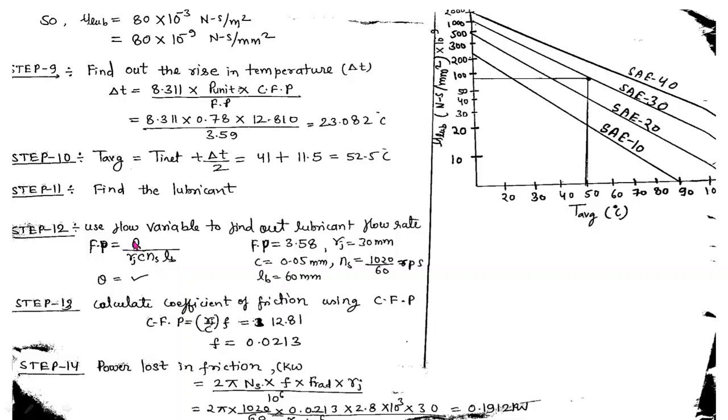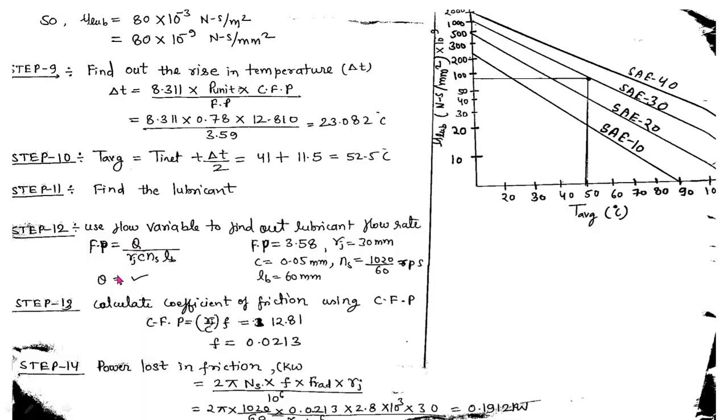So using this formula we can calculate the value of the lubricant flow rate, because we know that the radius of the journal is 30 mm, and the radial clearance is already calculated in the previous steps, and the speed of the journal in revolution per second is given to us, that is Ns is equal to 1020 divided by 60, and the length of the bearing is 60 mm as calculated from step number 1. So we can calculate by using all these values the value of lubricant flow rate.